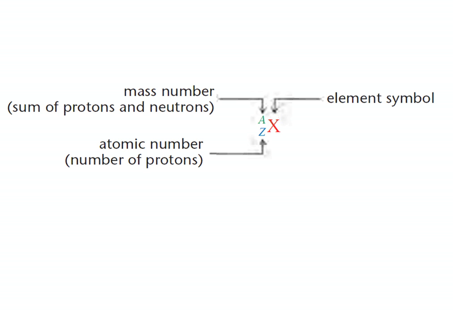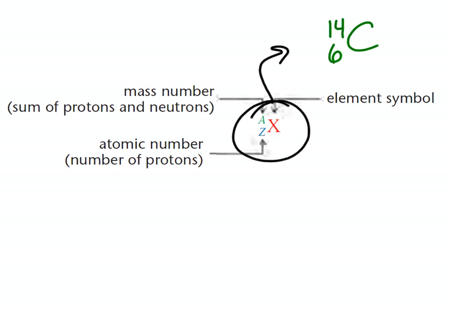And then the atomic number, which is the number of protons, is the subscript that comes before the symbol. So for example, for carbon 14, it would be carbon, and then the atomic number is 6 for all carbons, so I put 6 there, and then I would put the mass number, which for carbon 14 would be 14.